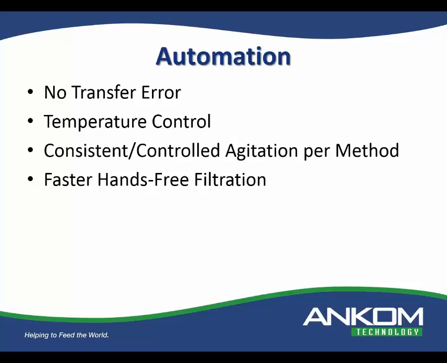Right. And okay, down to filtration here. So not only is it faster and hands-free, but the advantage of this hands-free is that no one's coming back to scratch the diatomaceous earth. So that huge area of variability is taken right out of the process. So it's hands-free and it's automated.